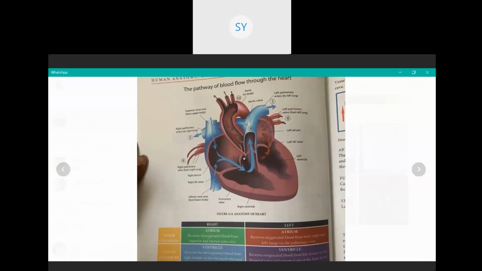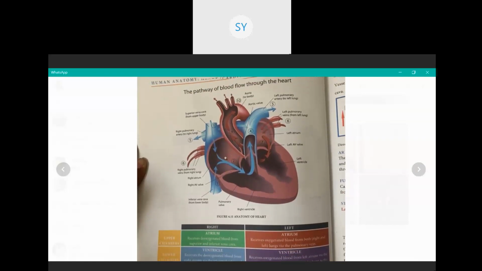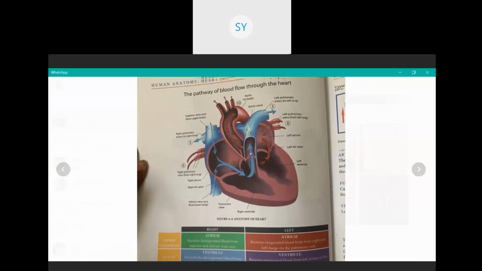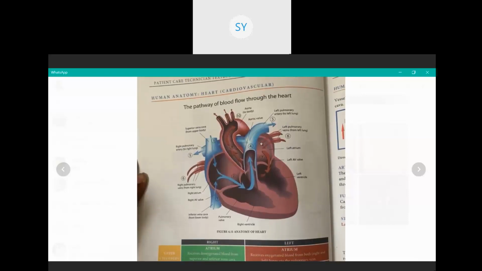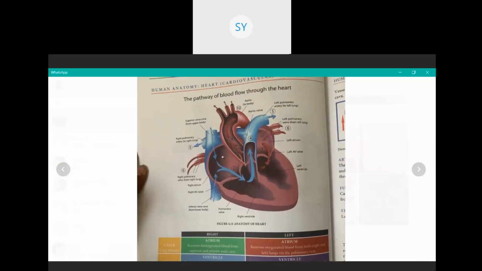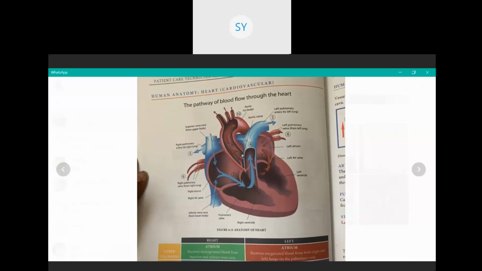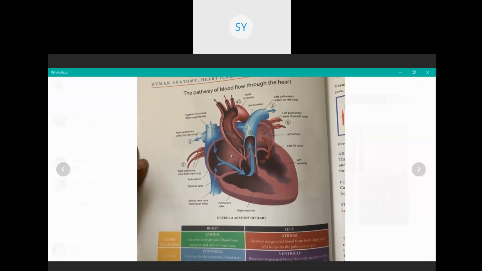Now see here, I'm just gonna show you this picture and describe it. The upper two sections are called atrium. One on the right side, one on the left side, so it is called right atrium, and this is called left atrium. Just remember, this is called atrium.